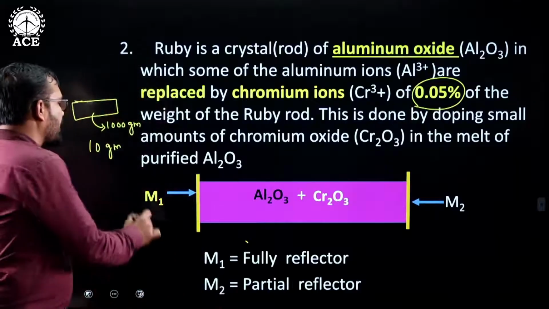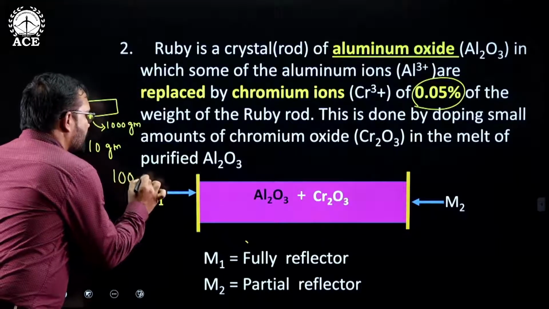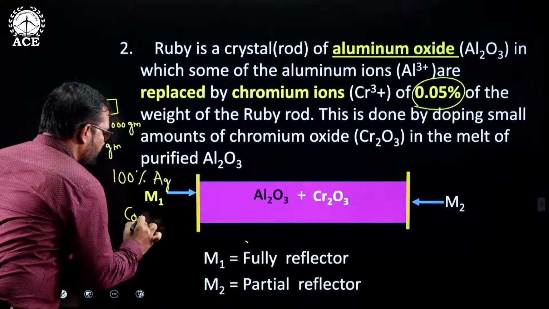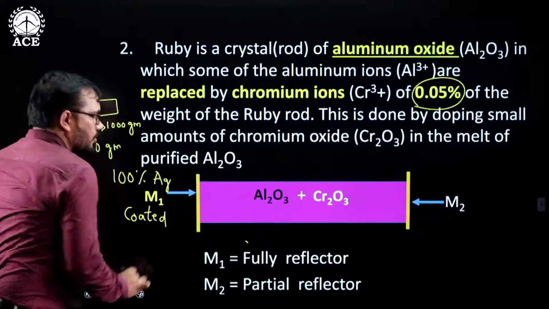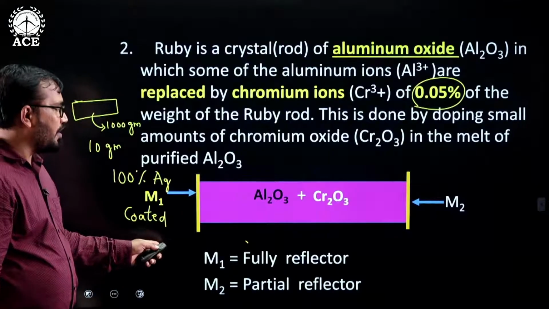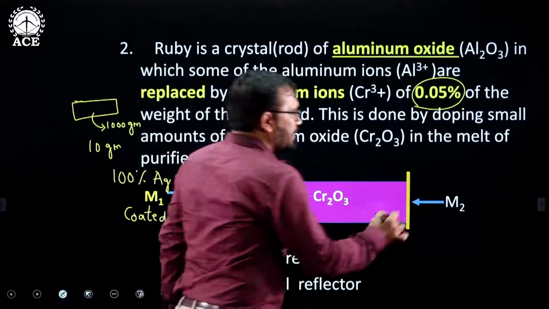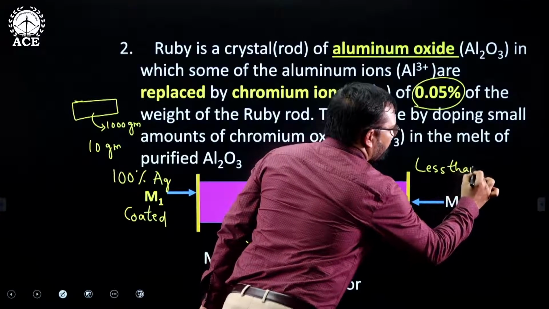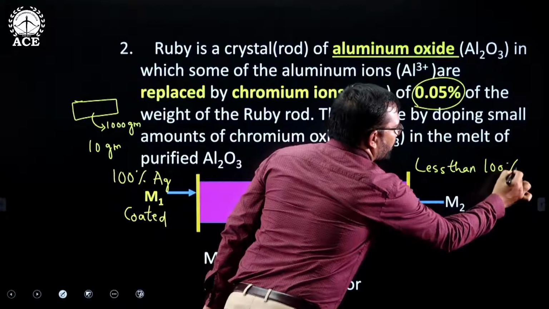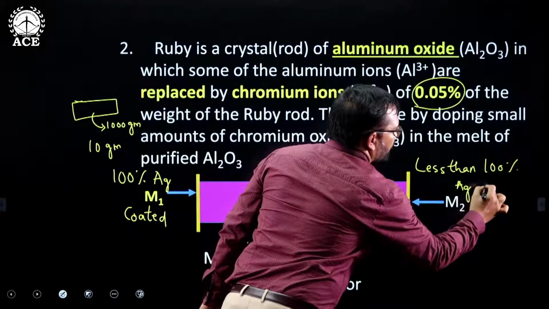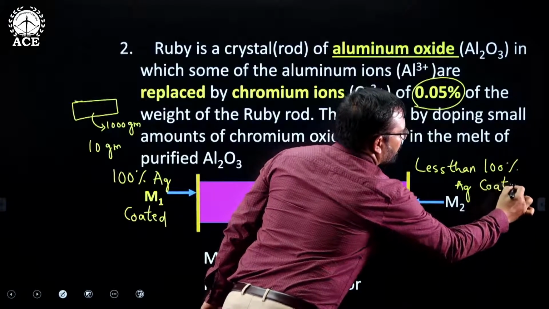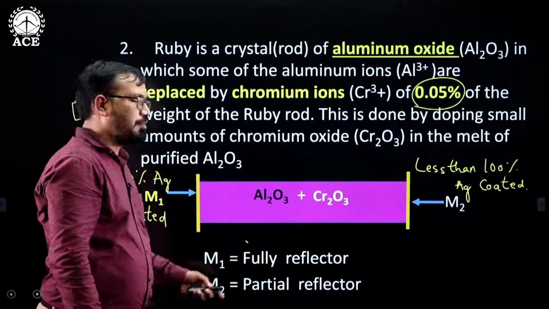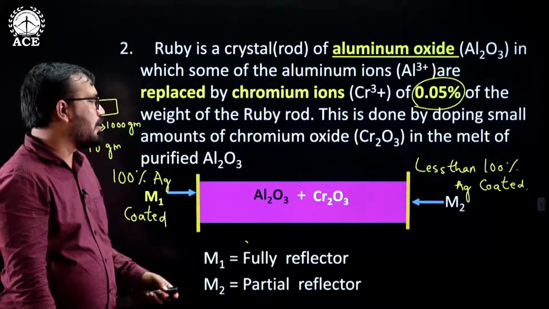The fully reflector is 100% silver coated, so this is a perfect reflector. The partial reflector is less than 100% silver coated. So the two mirrors: one is partially coated, another one is fully coated.